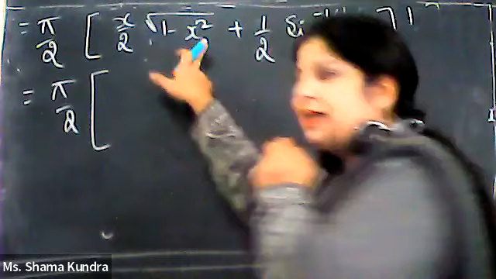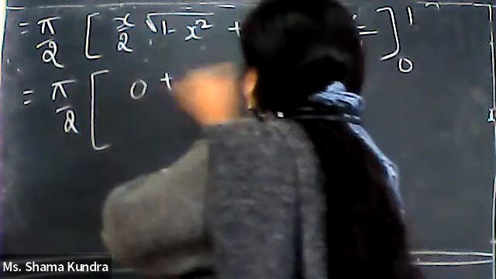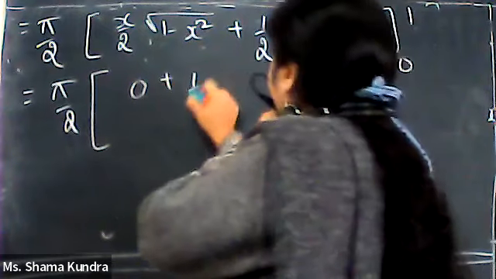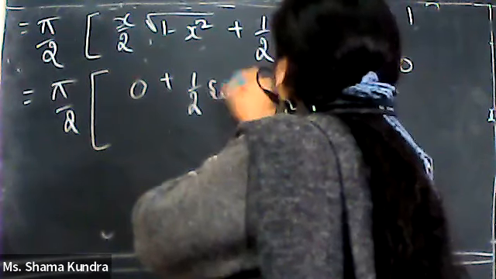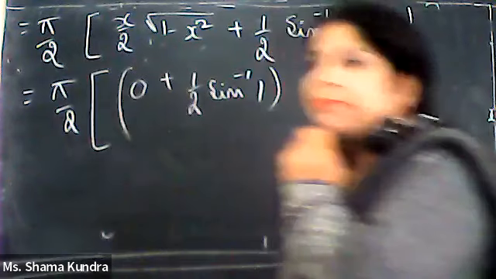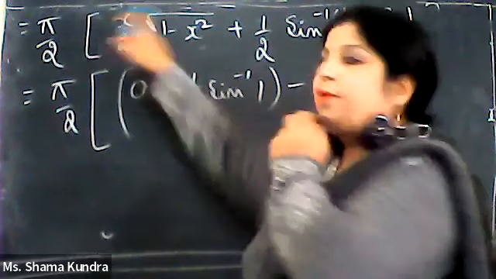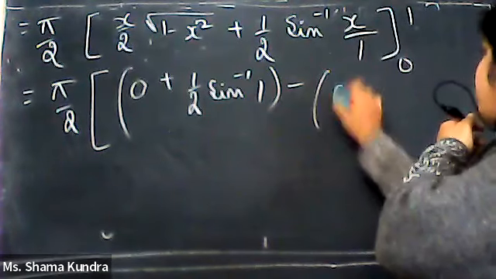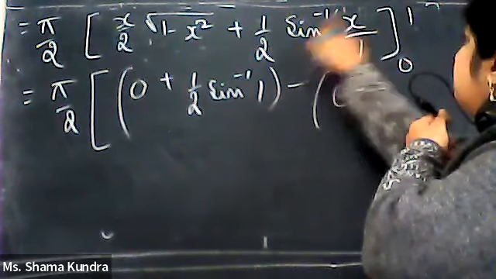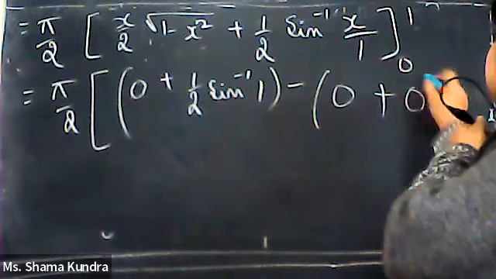Now put 1. When you put 1, 1 minus 1 is 0. Then 1 by 2 sine inverse 1. This is the upper limit. Now minus the lower limit. Now 0 into something becomes 0, plus sine inverse 0, and sine inverse 0 is again 0.